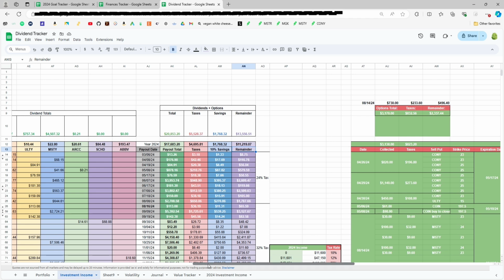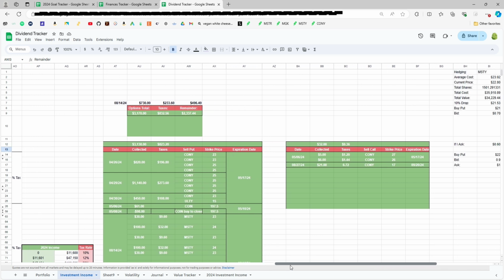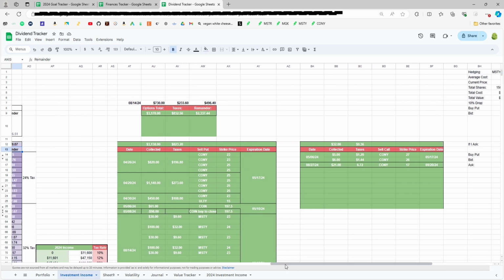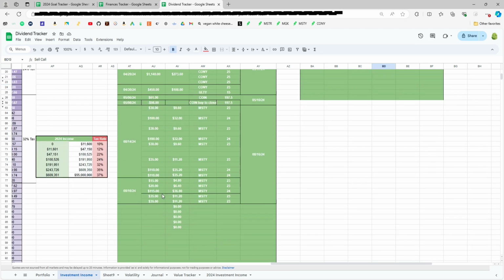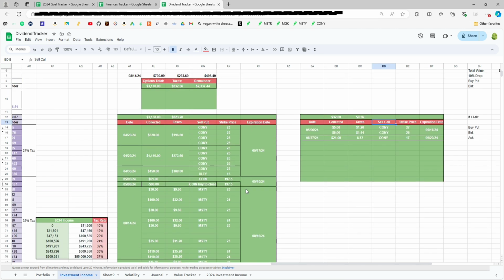Anyway, I don't have a very good fancy chart for my sell puts or sell calls. I keep it pretty simple. These are the dates, these are what I did, and when you sell a put, so it has to go down to the strike price.